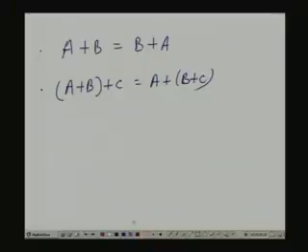Now, when it comes to product, this relation is pretty simple. You can easily understand what it is. The overlap between A and B or between B and A, they are the same.